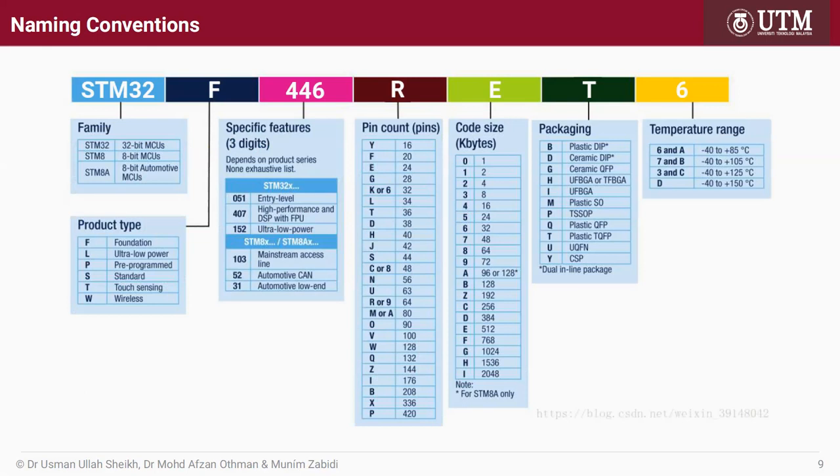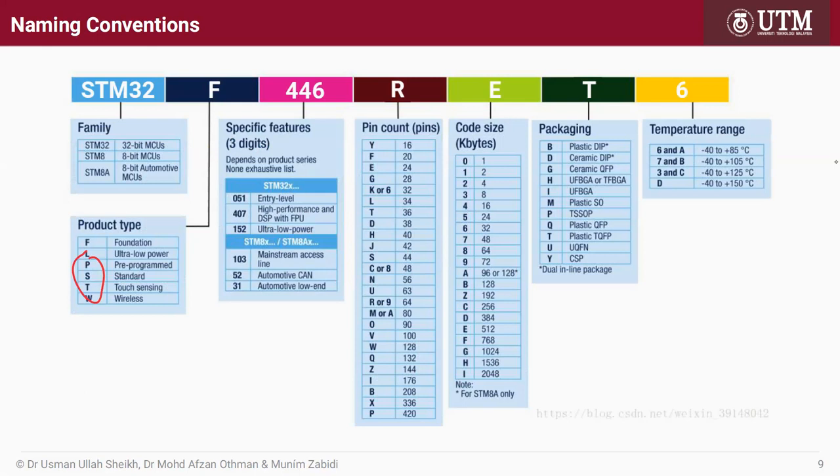Okay, so that means STM32 is the 32-bit MCU or the ARM. F is the foundation series, but you can also see that there's also low power and wireless versions. And then the 446 here, each digit has a meaning, but basically 446 is a number.